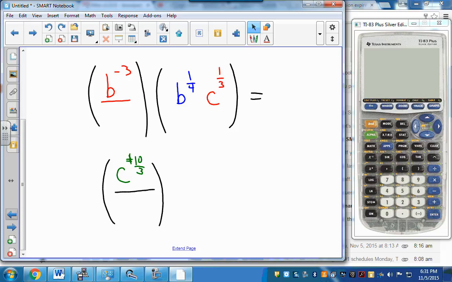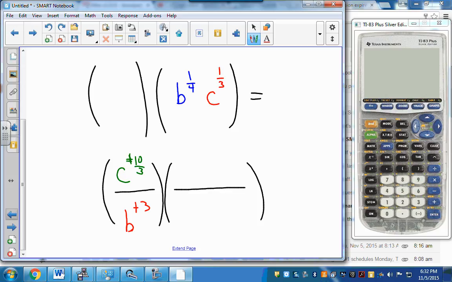We're going to take this b to the negative 3 power, and I'm going to move it. I'm going to put it on the bottom. And I can do that as long as I change the exponent to a positive. So that's a legitimate thing to do with these fractions and negative exponents. Okay, what do I have here?